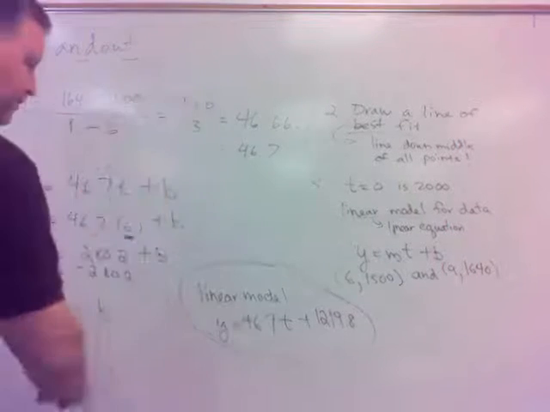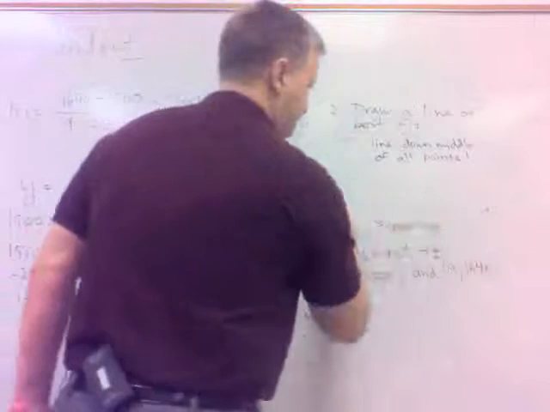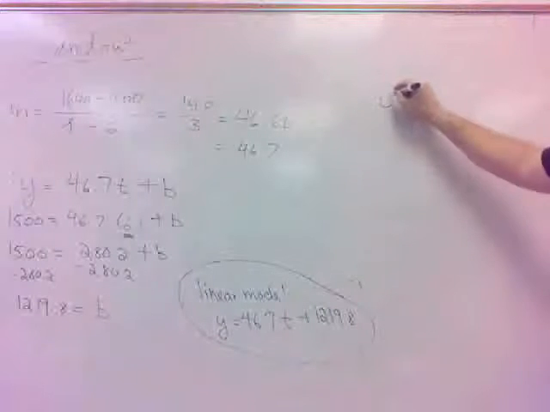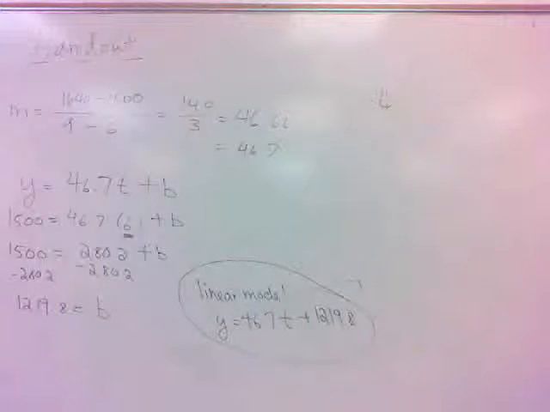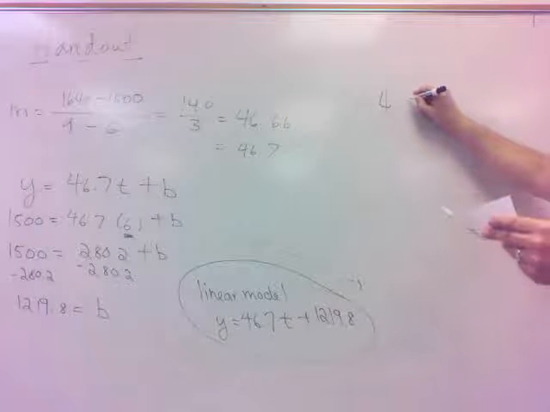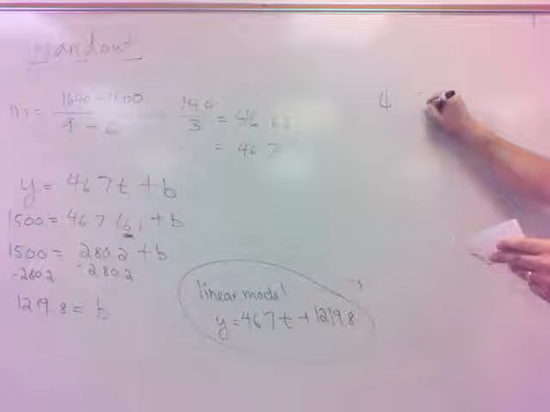All right, now there is a number 4 to this one on the back. Before I forget. So yeah, once we have the linear model, then we can use it to predict here. Using the model, predict the enrollment in 2015.